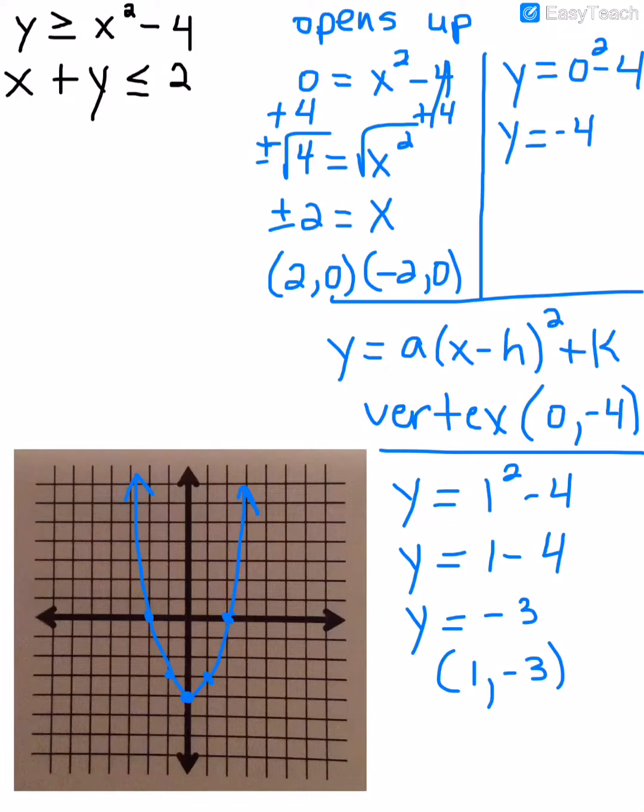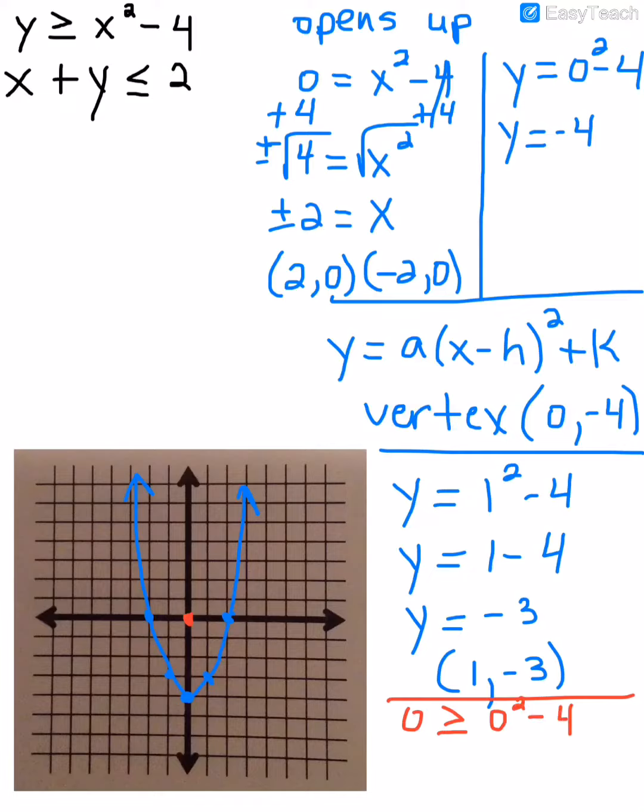Okay, and now I need to determine if I shade inside the parabola or outside the parabola. Well, if I choose a test point to plug in and I shade the true portion of the graph, if I chose (0, 0) as my test point, which is the origin, if I plug that into the original inequality, so I plug in 0 for y and 0 for x.